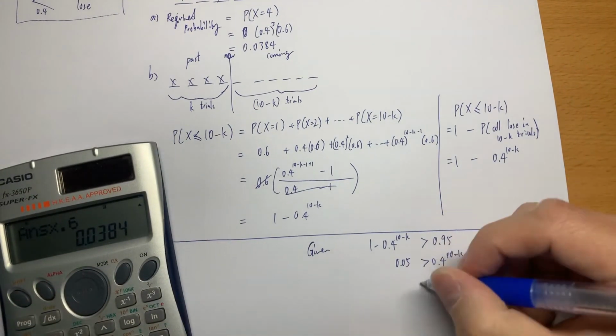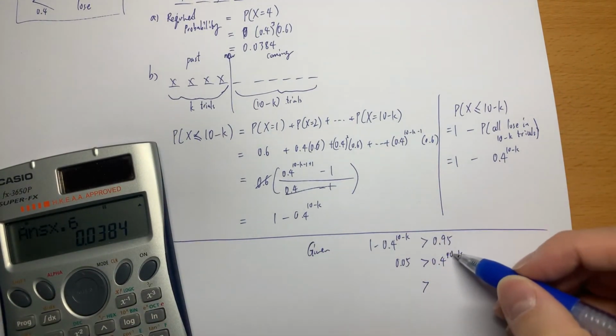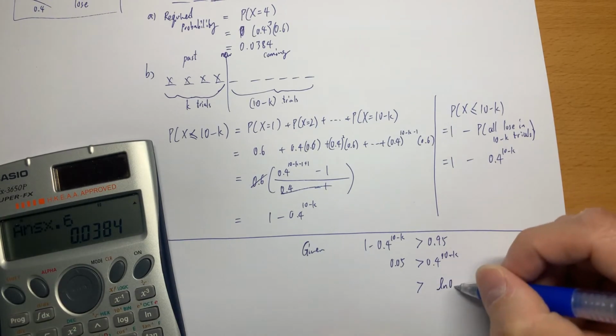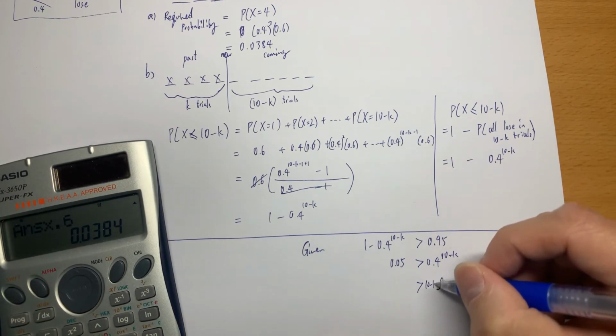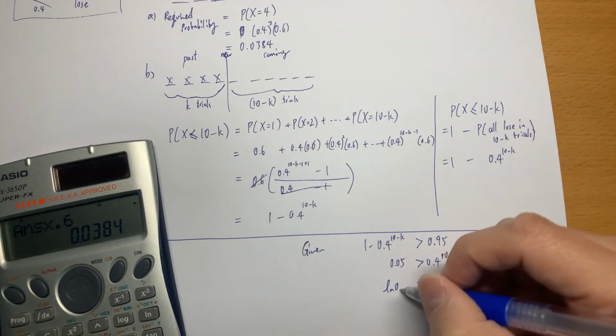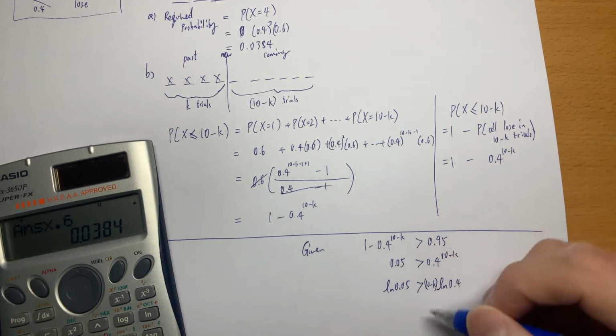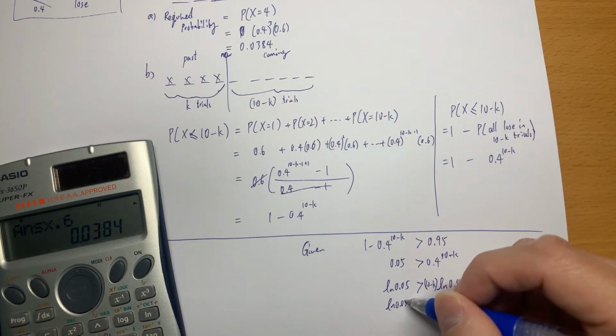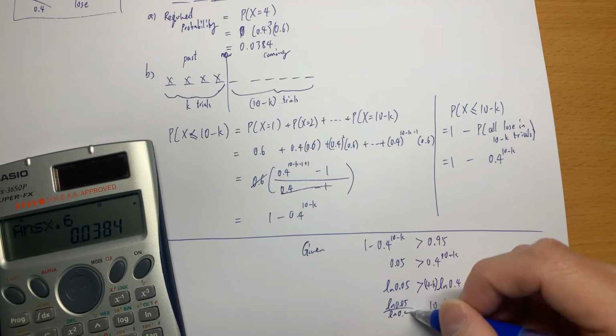Because our unknown is the power, we use log. Don't forget this bracket gives totally different meaning. Alright, and then (10 − k) ln 0.4 is ln 0.05.